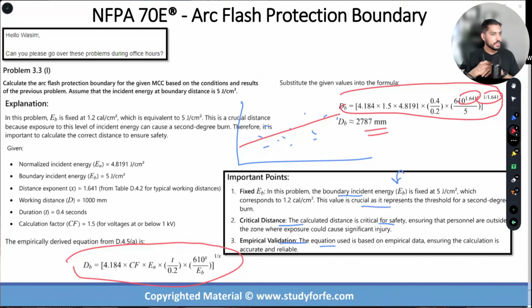I'll take Chris's question. Should the empirical and theoretical equations give you roughly the same number? Yeah. I mean, we don't have any precise equation because of so many factors that are involved in Arc Flash. And as you progress into section number 4, you're going to hear me say, and those of you who already have experience in the field know, that anything and everything that is related to protection, Arc Flash is basically part of protection and control.